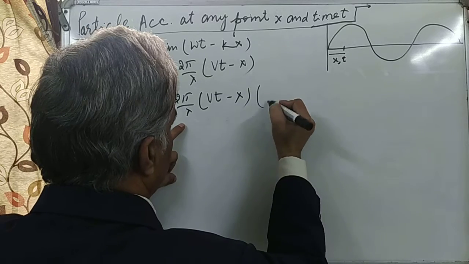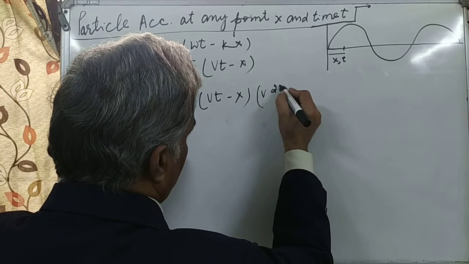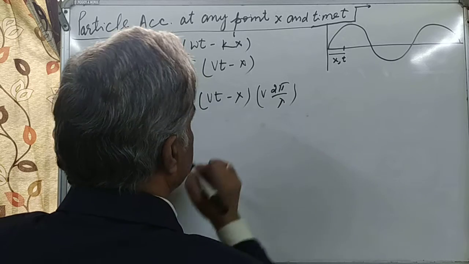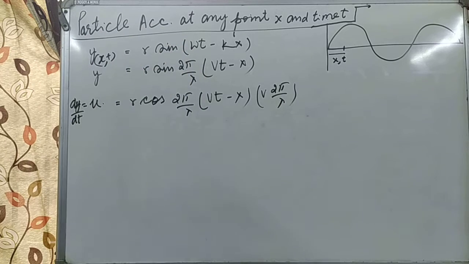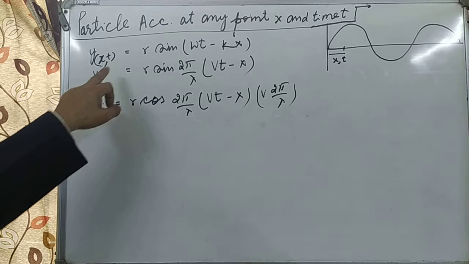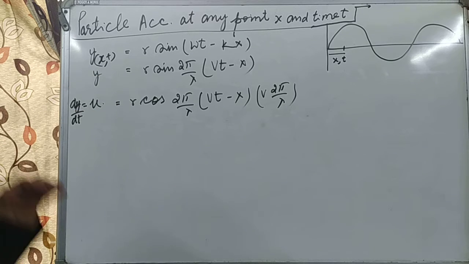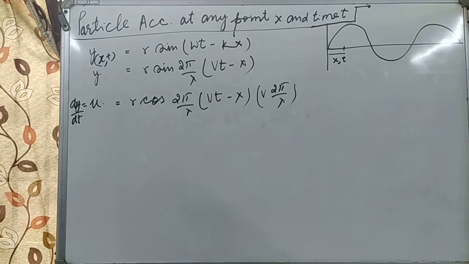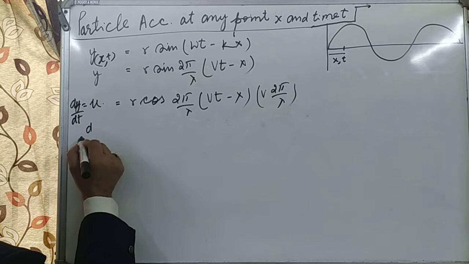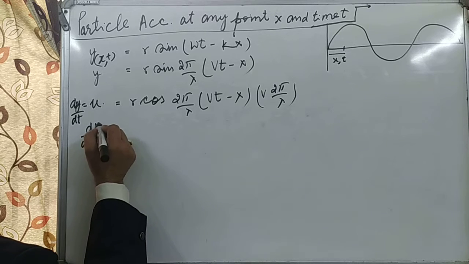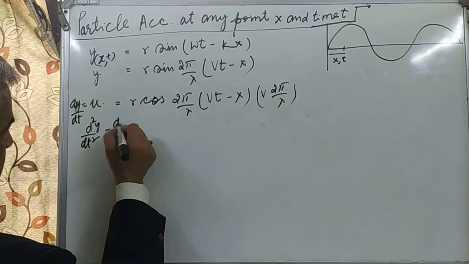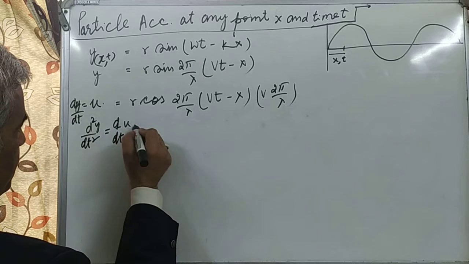So this is v times 2 pi by lambda, x is constant. Now differentiate again with respect to time t. So this is the second order derivative of y, this is d by dt of u.